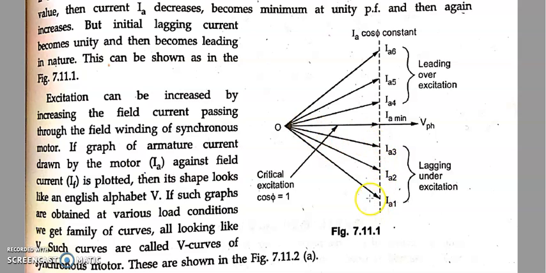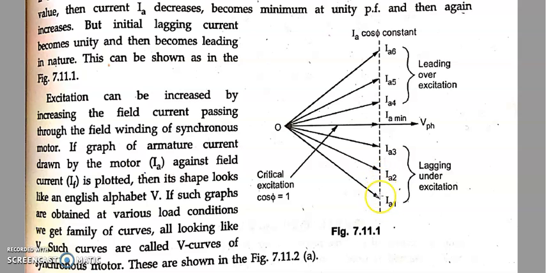So what I can say here is, if I de-excite more and more, the IA value will increase when compared to all of them. You can see this IA1 value is increased, yes or not? Why? Because the power factor is less. Again the power factor angle is high. Now when I stop de-exciting, I'm going to excite slowly.